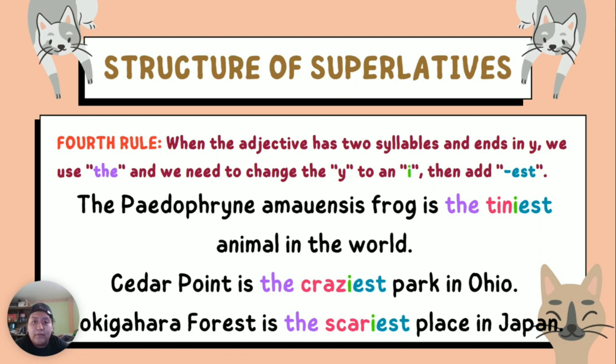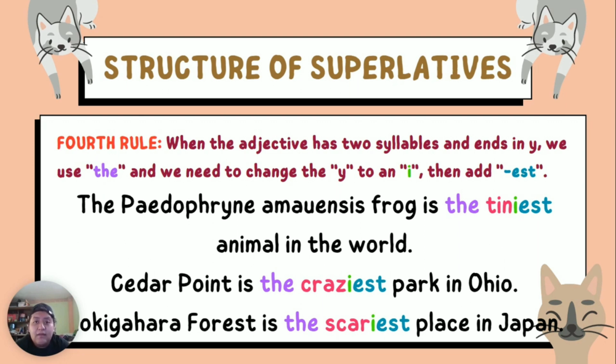For example, the frog is the tiniest animal in the world. The adjective is tiny. We need to change the Y to an I. Then add est and use the tiniest. Next example.